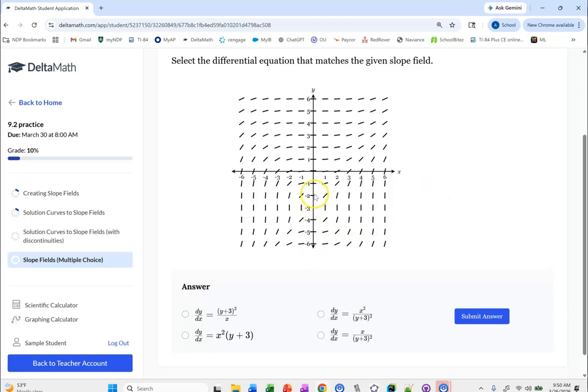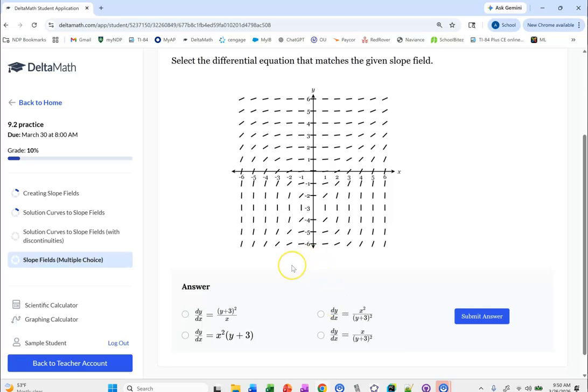Looks like this specific value, x equals 0, gives me a horizontal slope, right? Everybody see that? So I know immediately I can discard this option, because if x equals 0 here, this should be vertical, undefined. The other ones seem fine, because if x is 0, I get 0. Those are all good, right?